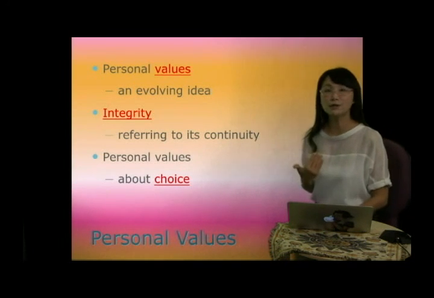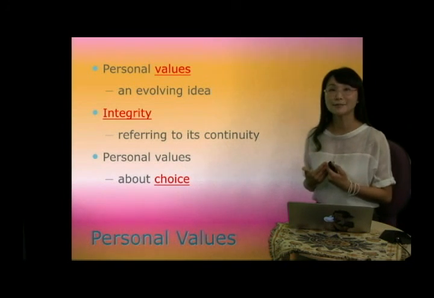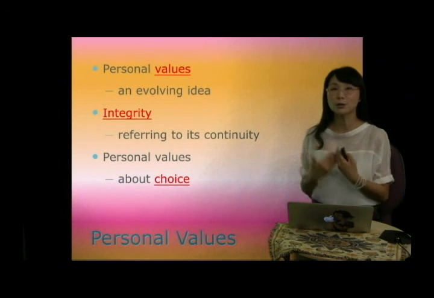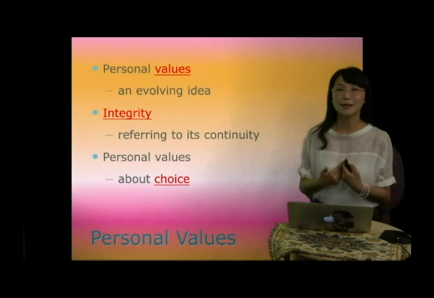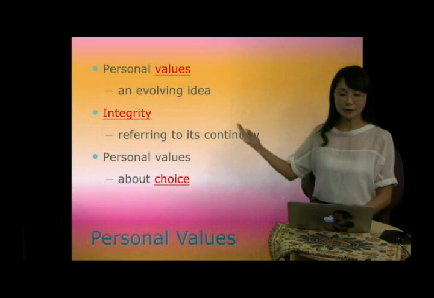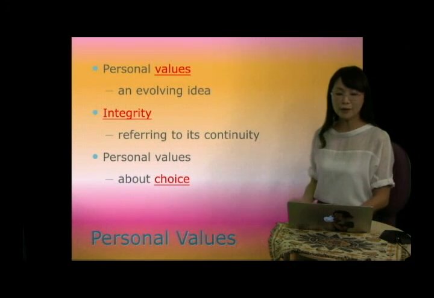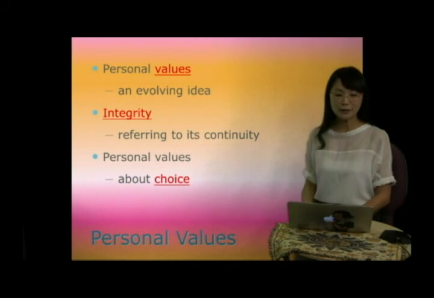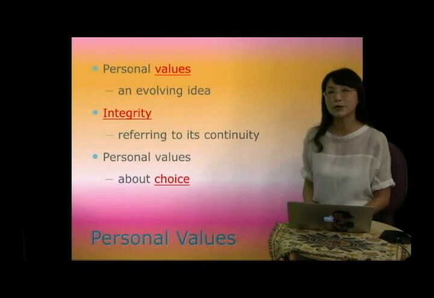It means that every one of us has our own values. Our values will tell us what is right and what is wrong. Integrity. Integrity in the application of values refers to its continuity. Persons have integrity if they apply their values appropriately, regardless of being different from others.